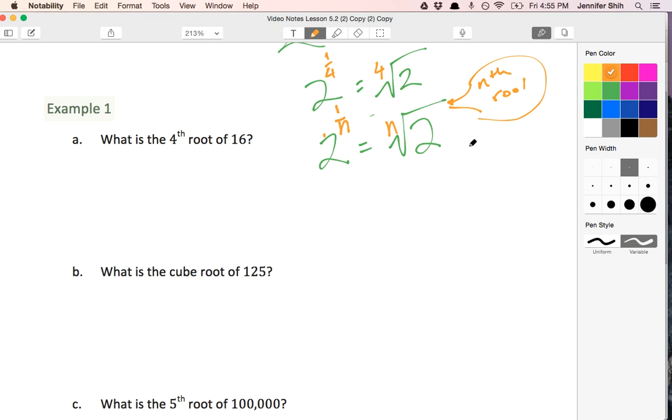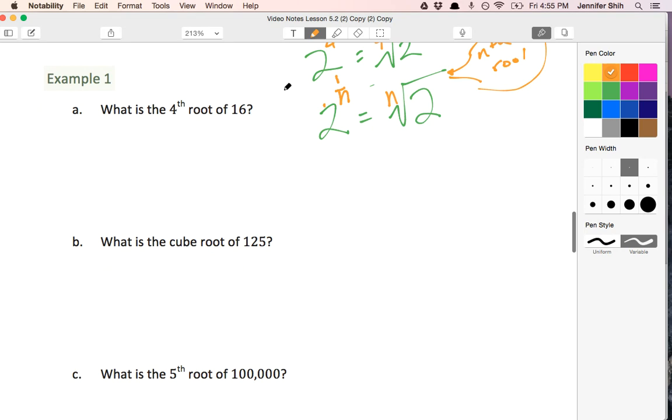So this works for other numbers besides 2. You have 4 examples right here. What is the 4th root of 16? That's equal to the 4th root of 16, and we know that's equal to 2, because 2 times 2 times 2 times 2 is 16.